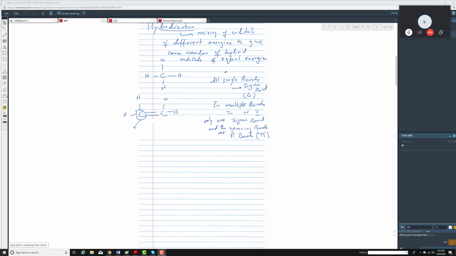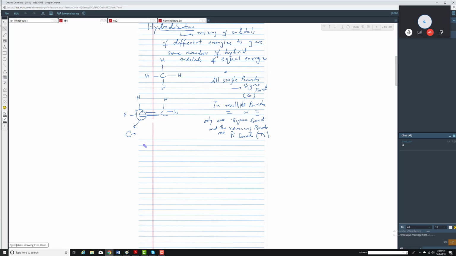How many sigma bonds is this carbon making?